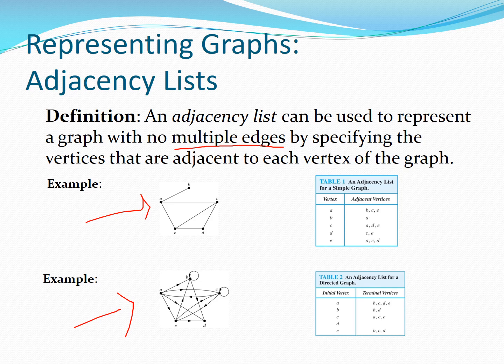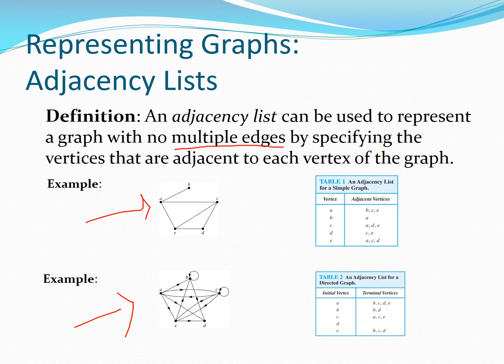There are edges which are multiple between two vertices. However, they are in opposite directions, because you cannot have multiple edges between two vertices in the same direction; you cannot represent that in an adjacency list.